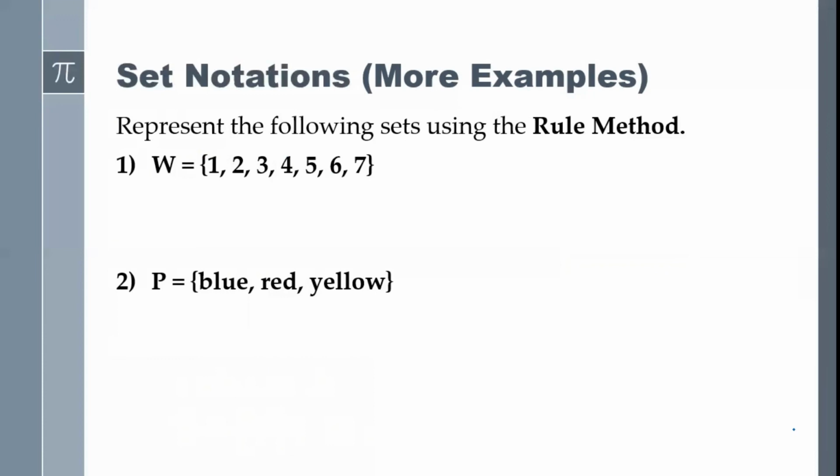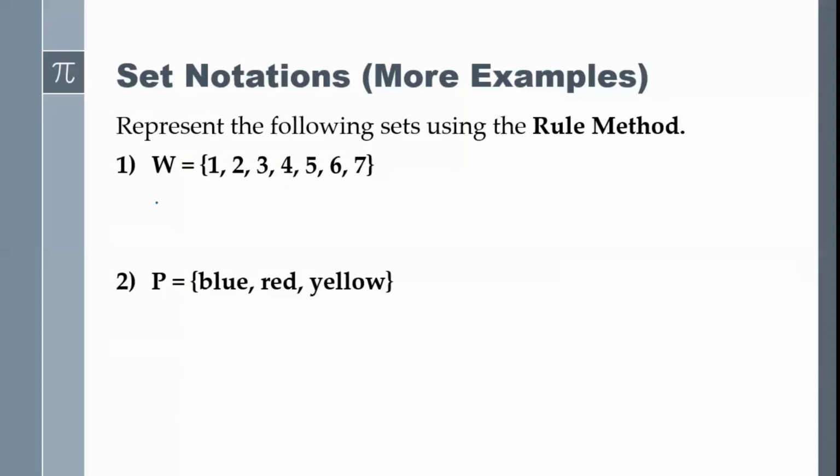When you use the rule method, you're just going to simply describe the elements present in a given set. So for number 1, we have set W, and the elements are 1, 2, 3, 4, 5, 6, and 7. By the way, there are different ways of describing this set using the rule method. There's no single solution for this.